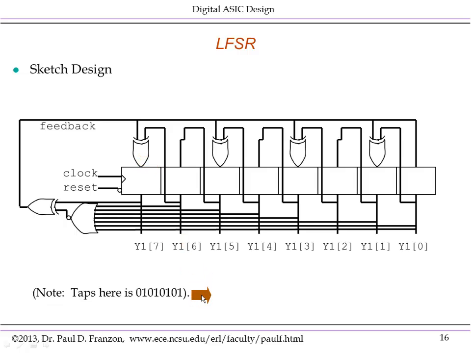The actual sequence depends on these taps where the XORs are and is varied by setting those taps appropriately. Here in this illustrative example, taps are set at 0, 1, 0, 1, 0, 1, 0, 1. In the code we are going to have different values of taps.